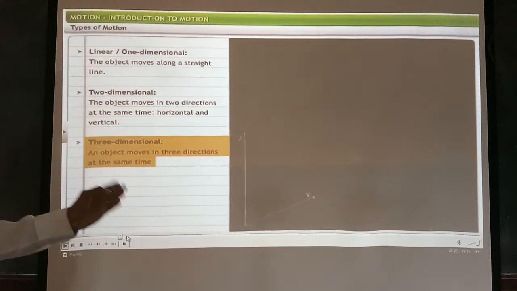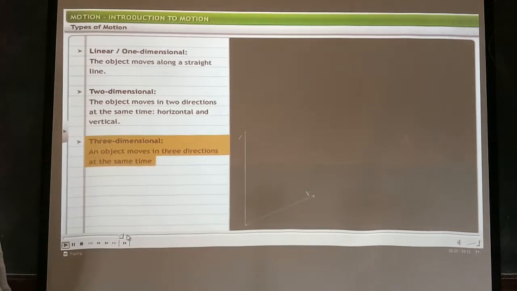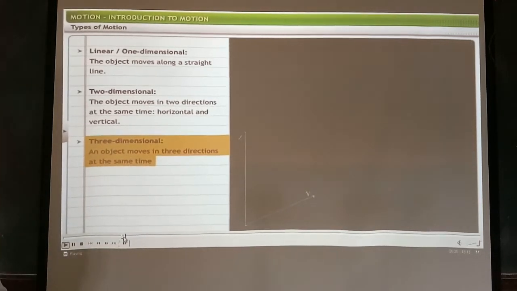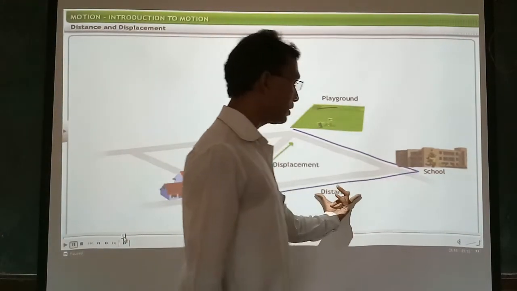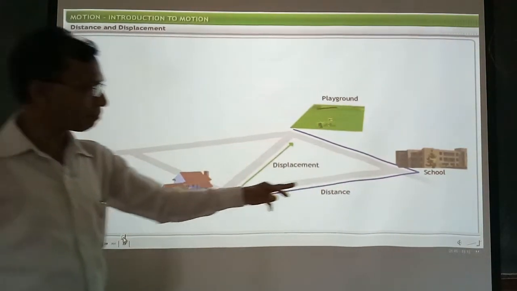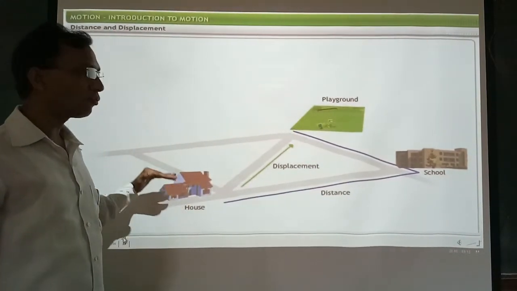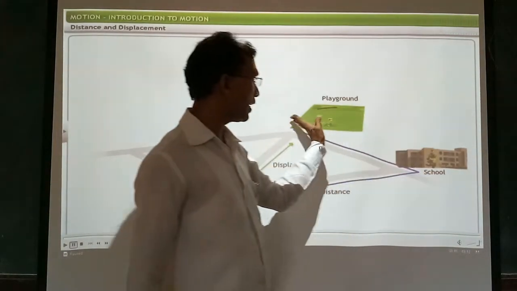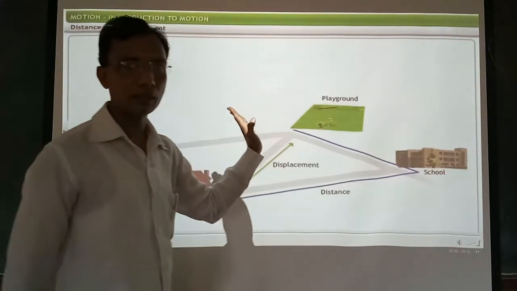Let us consider this as a distance. House to school is measured as a distance, and then school to playground. You start from the house to the school, then from school you reach the playground. These are the distances that can be measured.